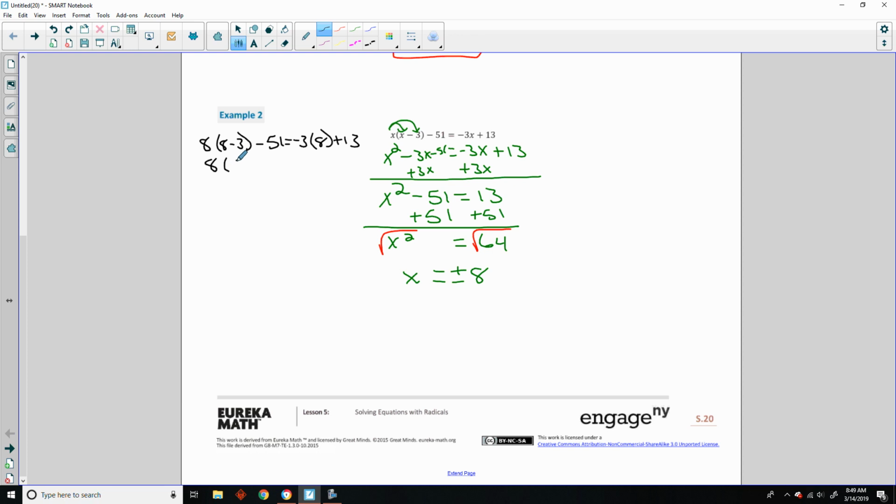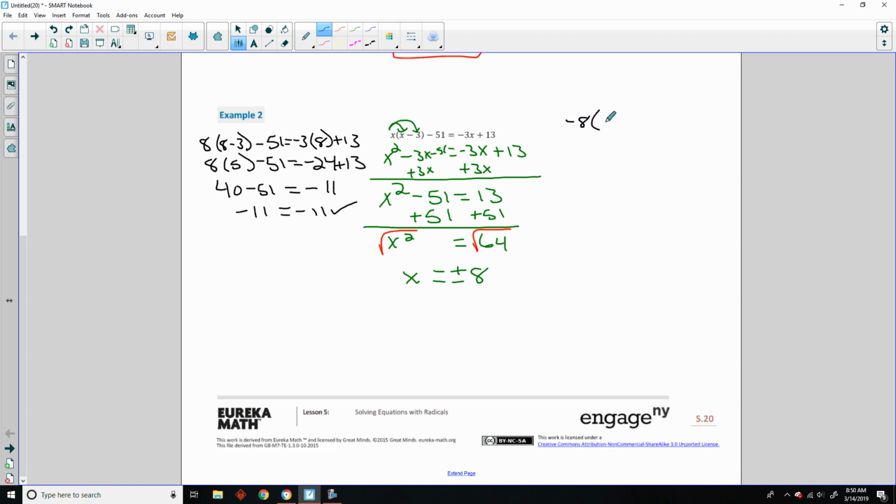Simplify. 8 minus 3 is 5, times 8 is 40, minus 51 equals negative times a positive, negative 24 plus 13, which is a negative 11. And 40 minus 51 is negative 11. There it checks. Now I'm going to check the negative 8.